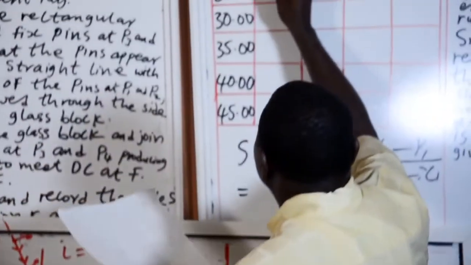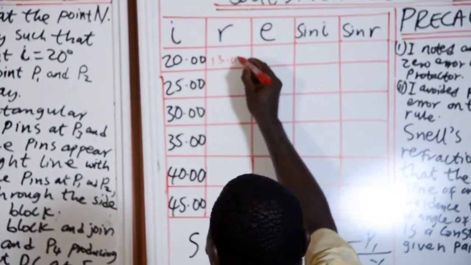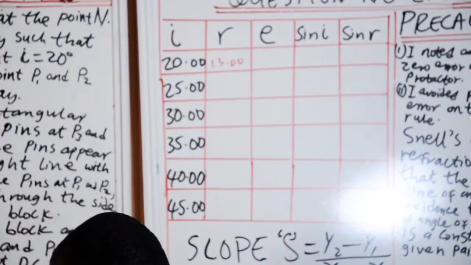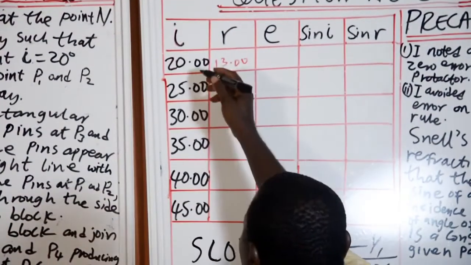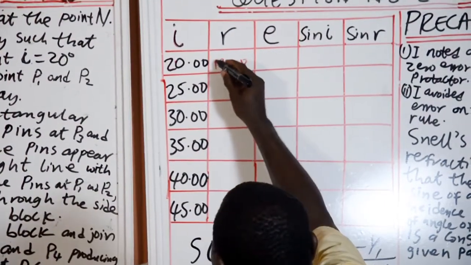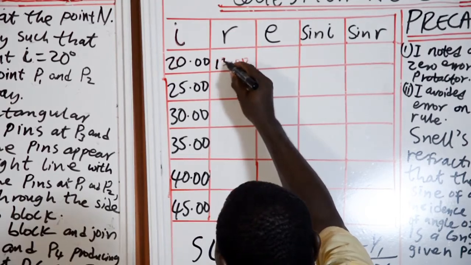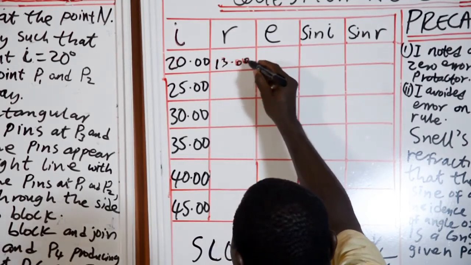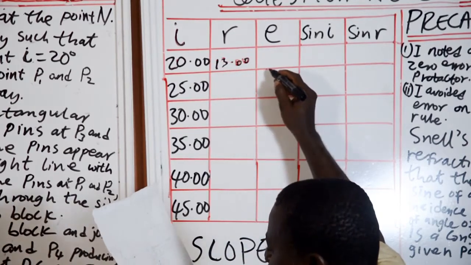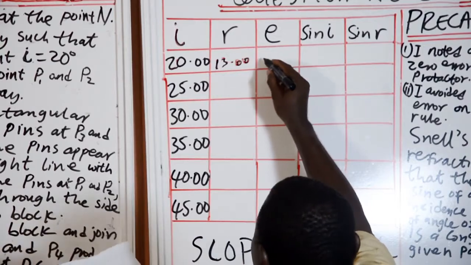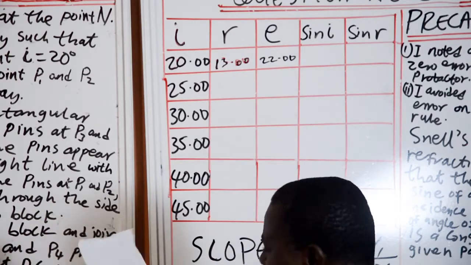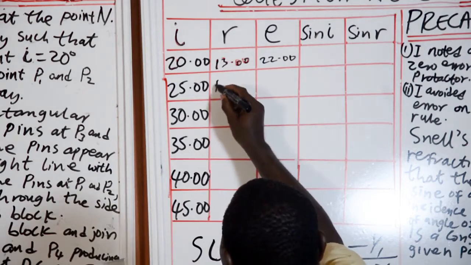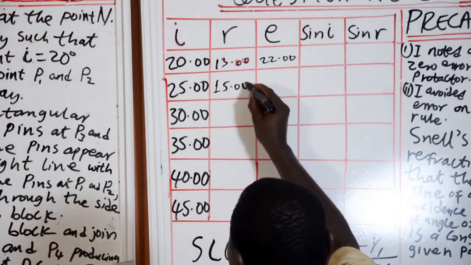When angle of incidence is equal to 20 degree, angle of refraction R is 13.00. Angle of emergence is 22.00. When angle of incidence is 25 degree, I was able to get 15.00.